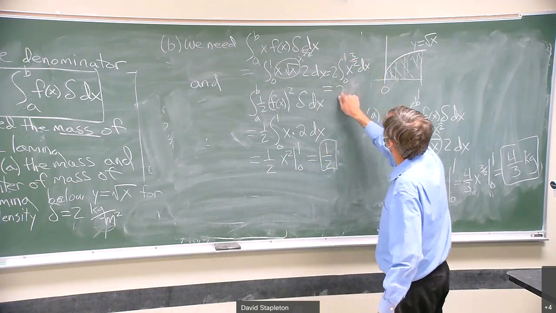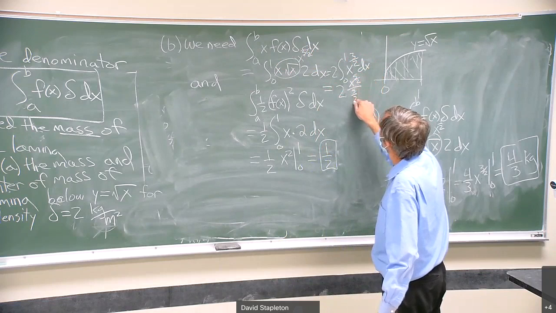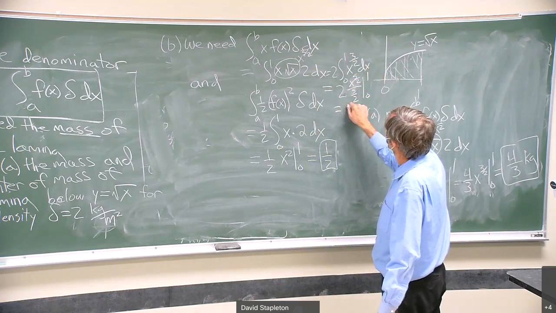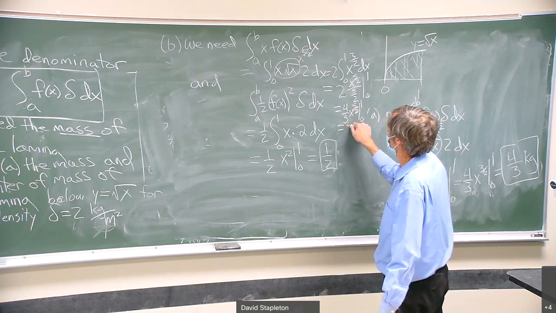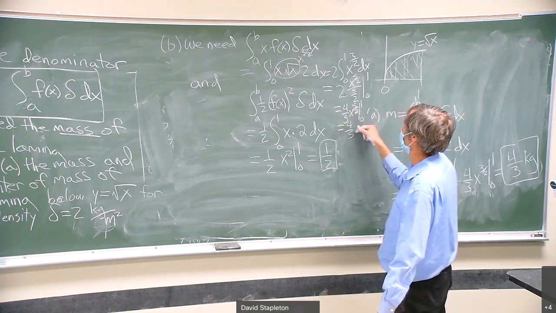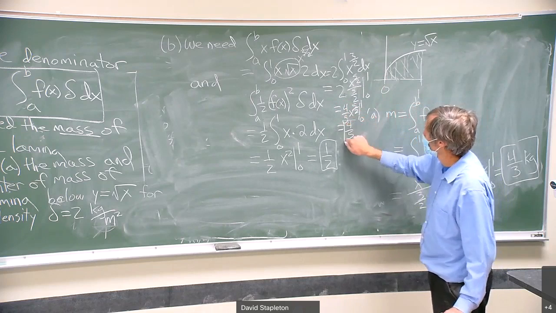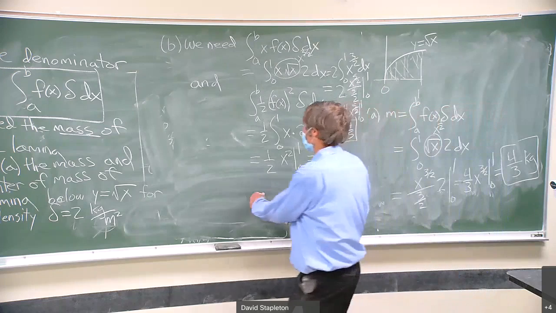Well, that's twice x to the 5/2 over 5/2 from 0 to 1, which is 4/5 x to the 5/2. Plug in 1, you get 4/5, plug in 0, you get nothing. Their difference is 4/5. So here's the numerator of x bar, here's the denominator of x bar.